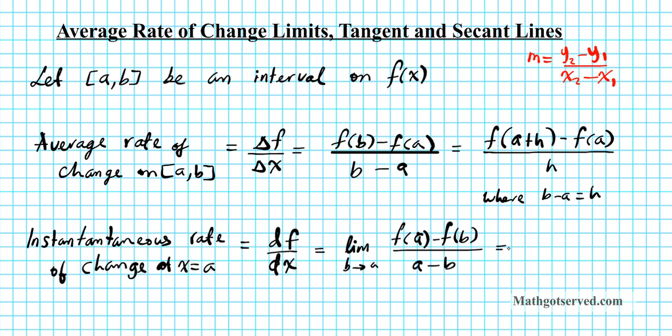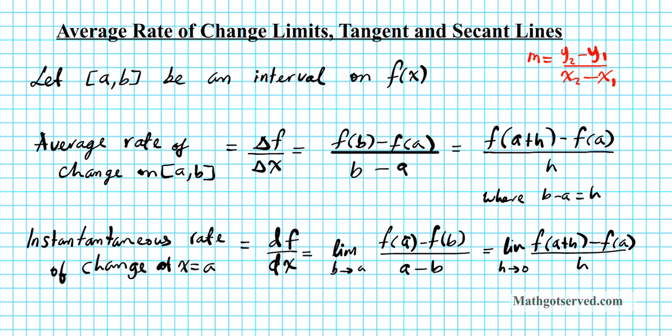And this can also be written as the limit as h approaches 0 of f of a plus h minus f of a divided by h. All right, so it means the same thing. And this can also be written as the derivative of the function at a. So we can also write it as f prime of a. All this mean exactly the same thing, okay?